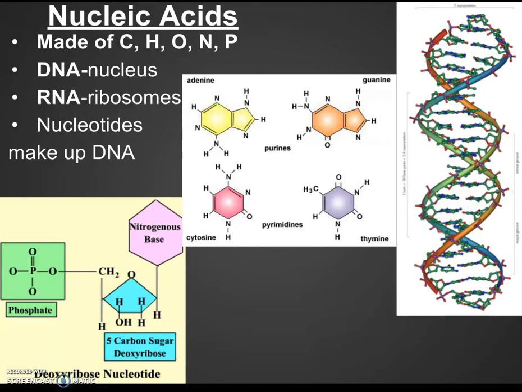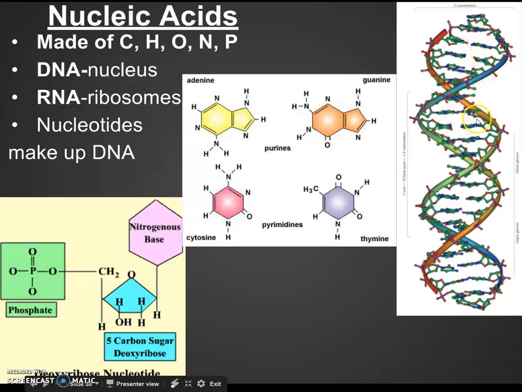So, the fourth and final type of organic compound is nucleic acids. And this is the one I told you I'm going to spend very little time on because we spend very many units on it later. So nucleic acids are made of carbon, hydrogen, oxygen, nitrogen, and phosphorus. And examples are DNA and RNA. Nucleotides make up the DNA, like this would be a big molecule of DNA, and the actual nucleotides are the subunits of DNA.